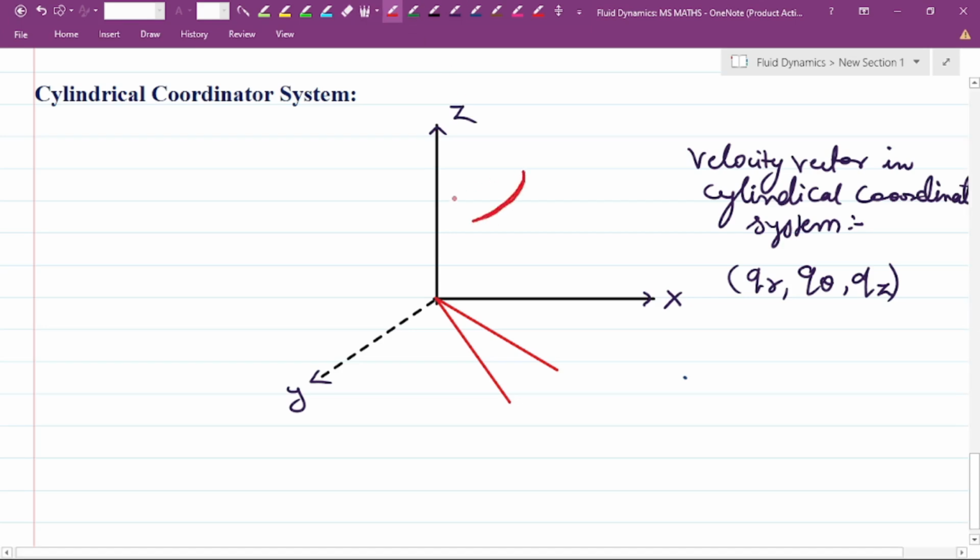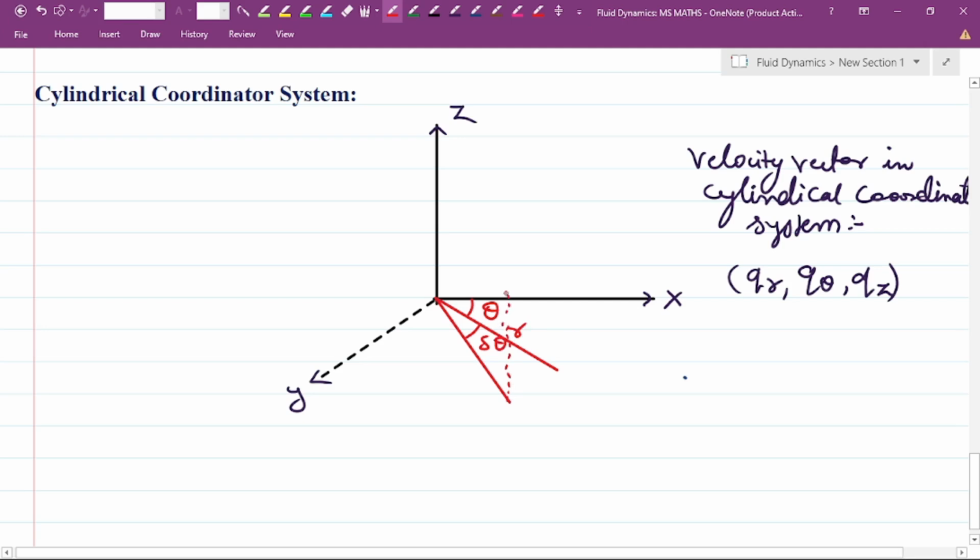Then in the cylindrical coordinate system, this angle is theta and this is Δtheta and this is r.